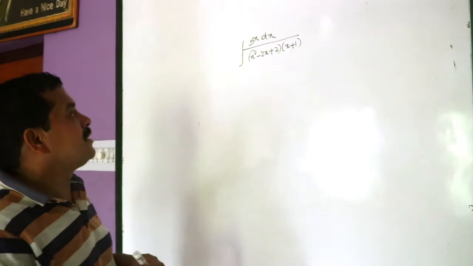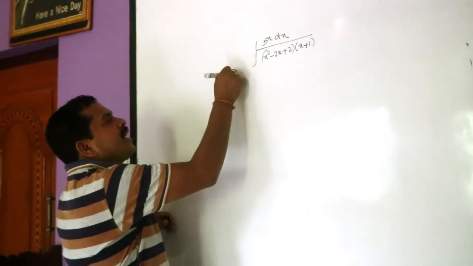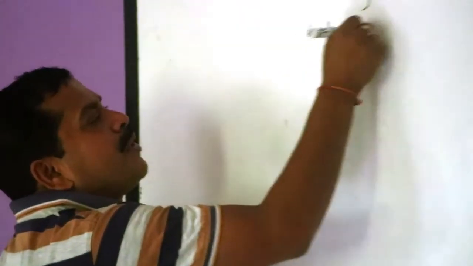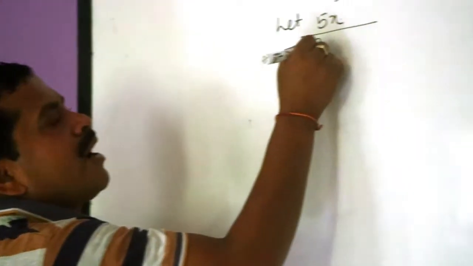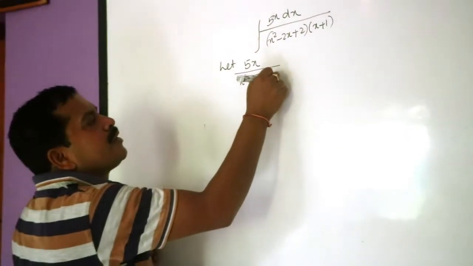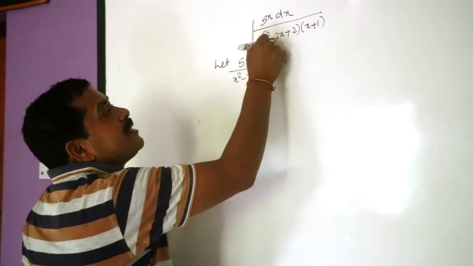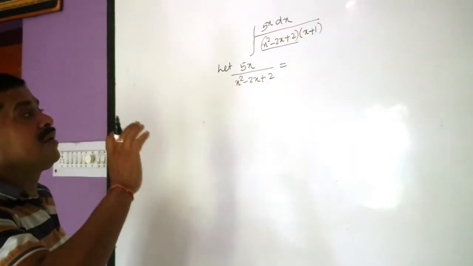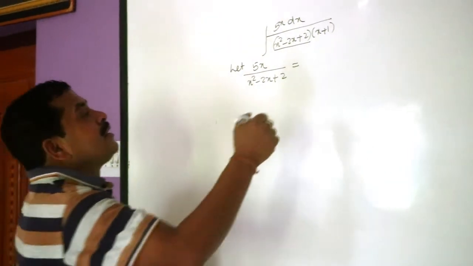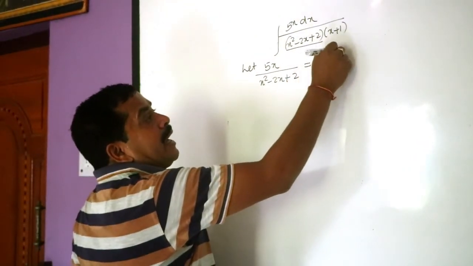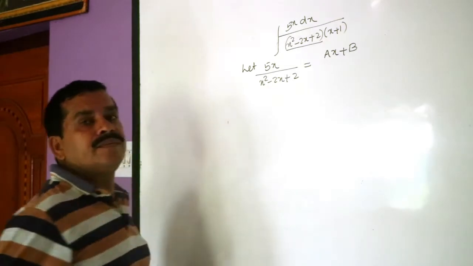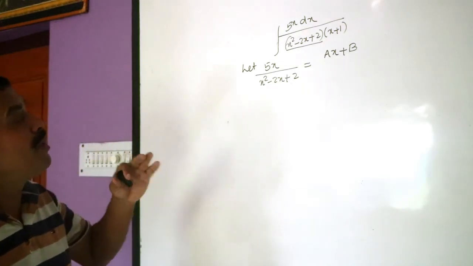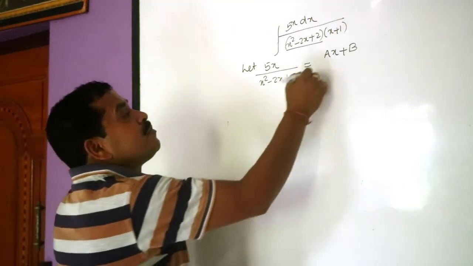How can we integrate this? Similarly, you take 5x by (x square minus 2x plus 2). Since it is a quadratic factor and we cannot factorize it, you take the numerator as ax plus b, not a by or b by, take it as ax plus b.